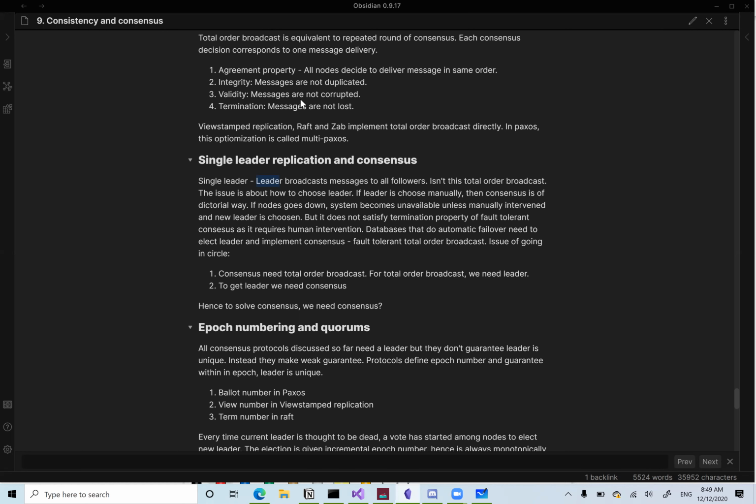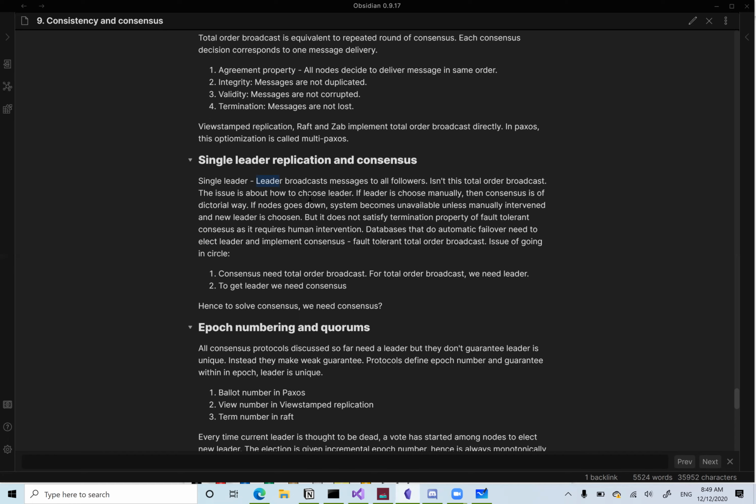But if you don't want such a system, you can also have a system where you decide the leader, and then everything goes through the leader. Whatever the leader says, all the followers have to follow, and the system is still in consensus.